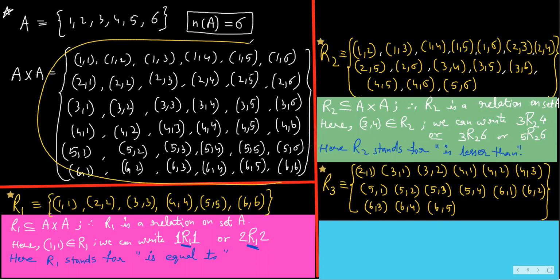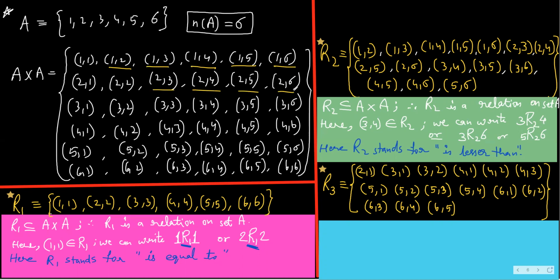In all these elements, whichever ordered pair satisfied the relation R2, what relation is that? Lesser than. You wrote it in set R2. See here, for 1, 2, 1 lesser than 2, 1 lesser than 3, 1 lesser than 4, 1 lesser than 5, 1 lesser than 6.